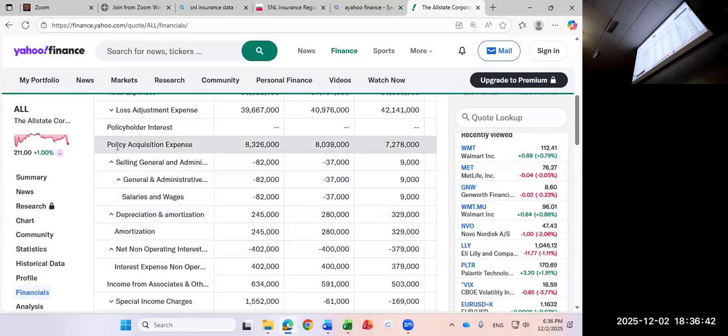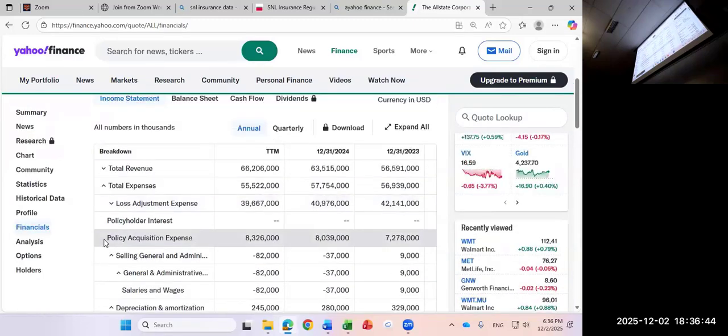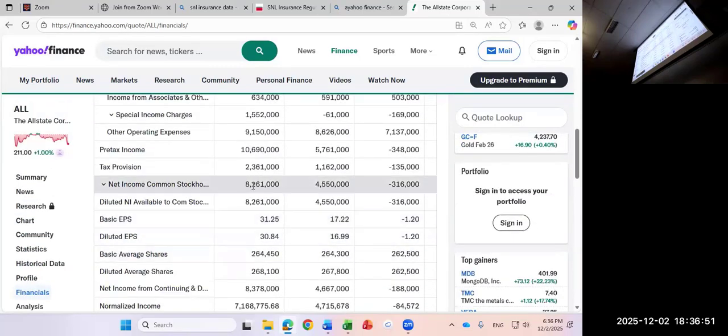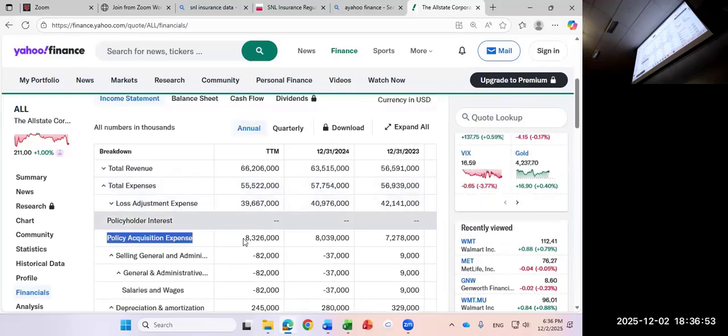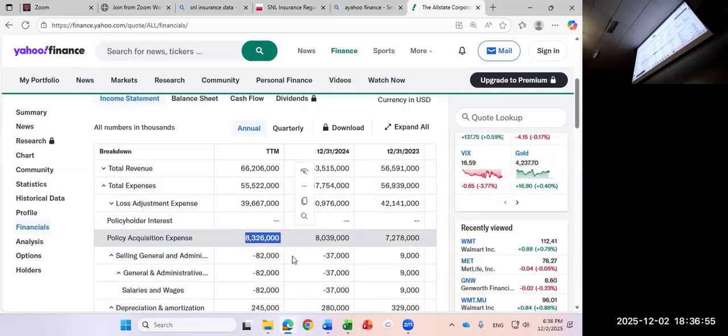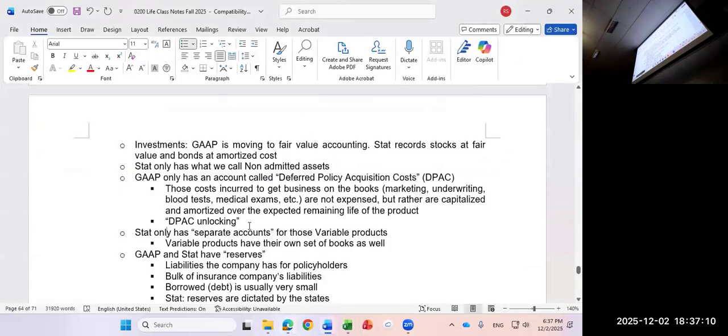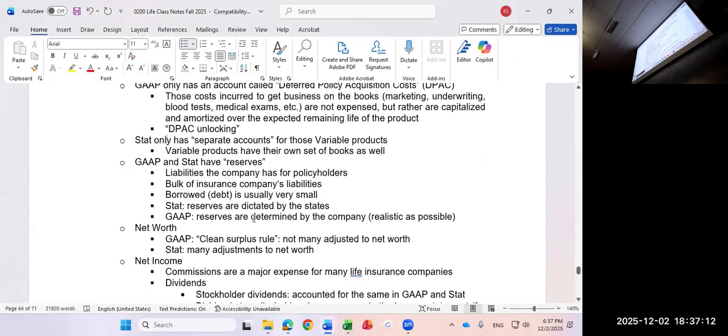Oh, here it is right here. Look at that. There it is. Policy acquisition expense. Their net income is $8 billion. Their policy acquisition was $8 billion. They add that back, which means they would have made no money without that adjustment. So is that a material adjustment? Yeah, pretty material adjustment. I want to explain what it is. I remember the first time we told our CEO, because he had no insurance background, what it was. He's like, you've got to be kidding me.